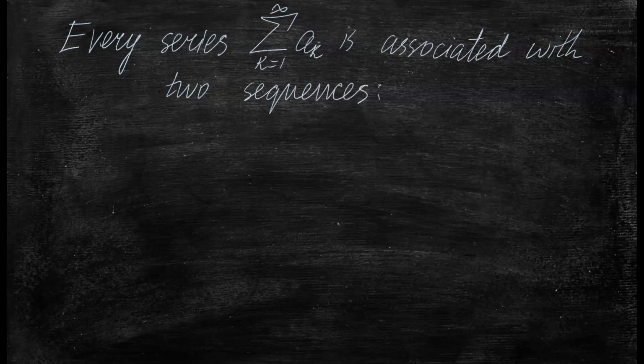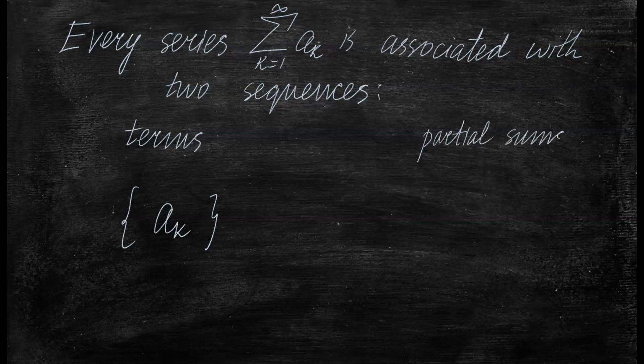The first sequence is the sequence of the terms, and it can be written like this. And the second sequence is the sequence of the partial sums, that can be written like this or equivalently like this.